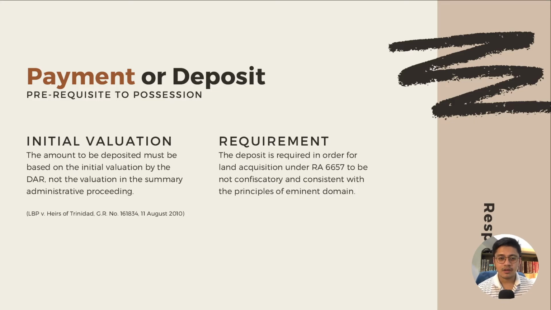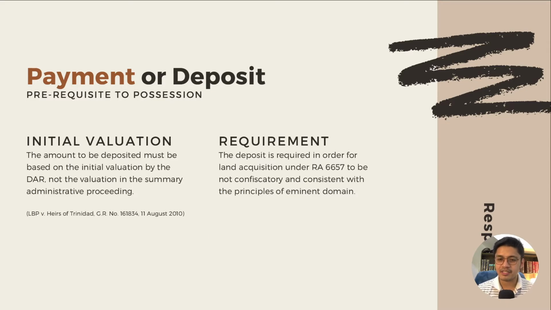Okay? Without this deposit, or without the payment of the amount, the possession, okay, will be considered as confiscatory. All right? In order for the possession to be consistent with the principles of eminent domain, because when the DAR takes possession of the property, then the landowner will be deprived already of the land.